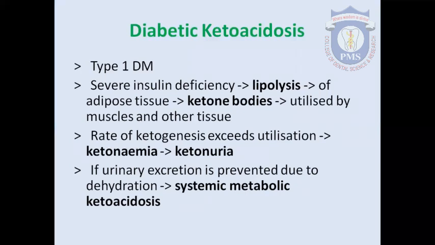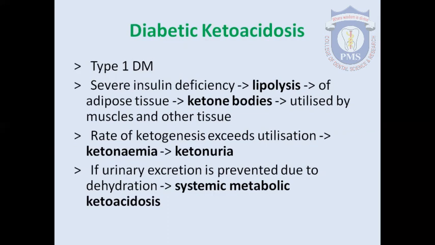Diabetic ketoacidosis. More common in type 1 diabetes mellitus. Here there is severe insulin deficiency which produces lipolysis of the adipose tissue, which results in increased production of ketone bodies. These ketone bodies are utilized by muscles and other tissue.